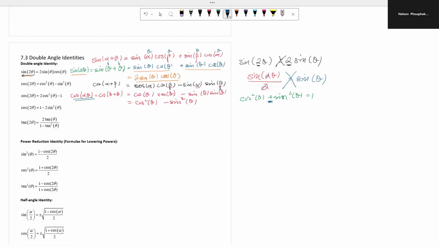And based on the Pythagorean identities, we know that sine square theta is equal to 1 minus cosine square theta. So if I replace the sine square theta with 1 minus cosine square theta, then let's see what we have.